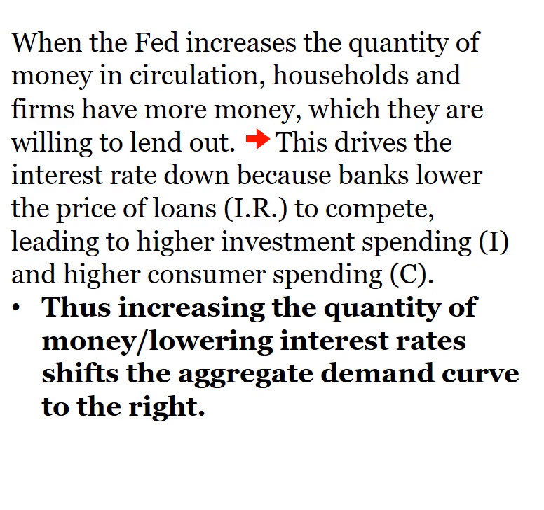Okay, so the Fed is the nickname for the Federal Reserve. And when the Fed increases the quantity of money that's circulating throughout our economy, that means both households and firms have more money. So if everybody has more access to cash, you don't have to go to a bank to get a loan necessarily.